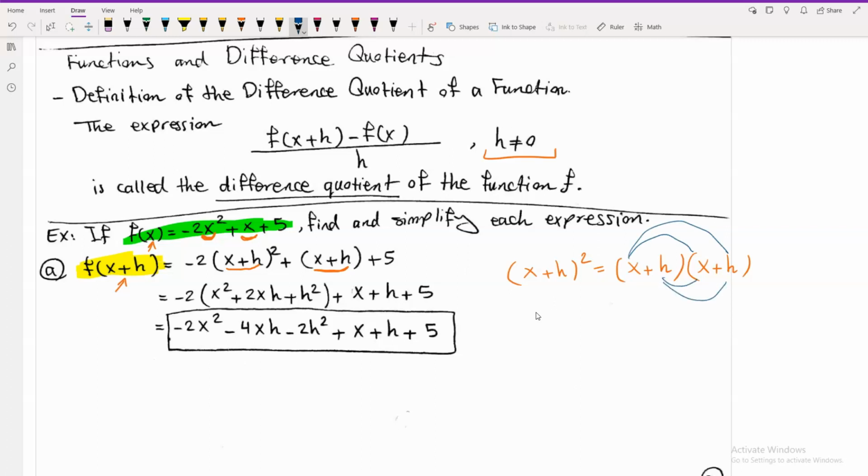You're going to have the same thing. And then use the distributive property, multiply -2. So -2 times x squared, -2 times 2xh, -2 times h squared. Then plus x plus h plus y. So this is the final answer.